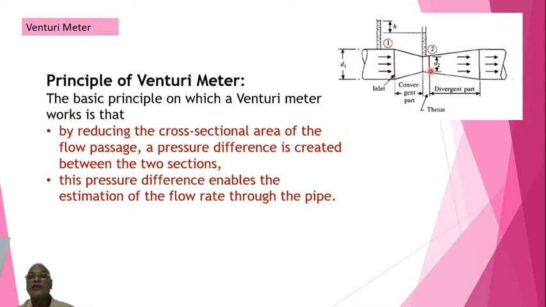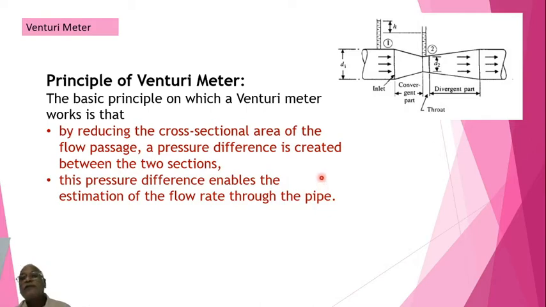Because the sectional area is reduced, there will be a pressure difference. This pressure difference enables estimation of the flow rate through the pipe.